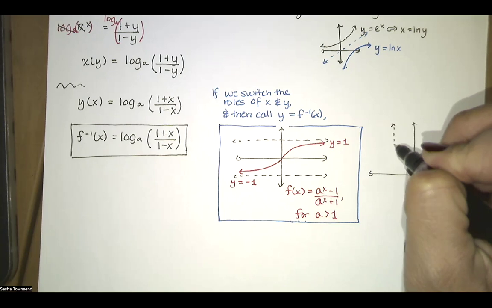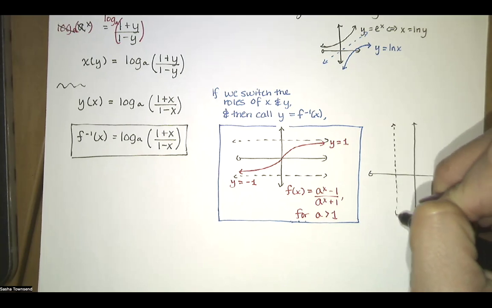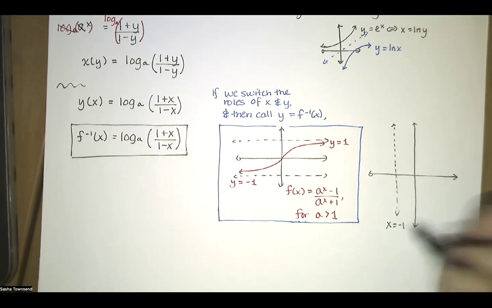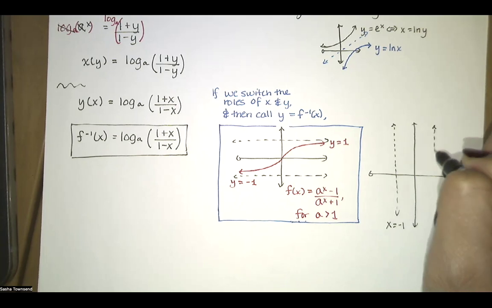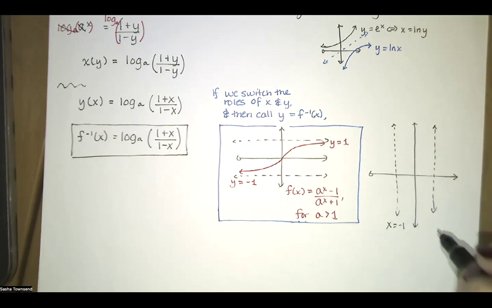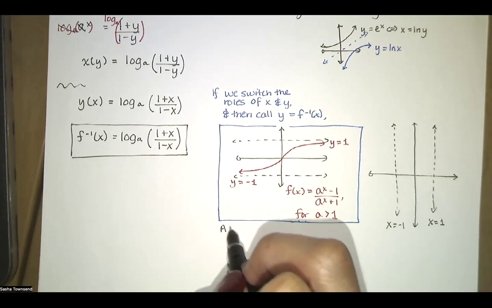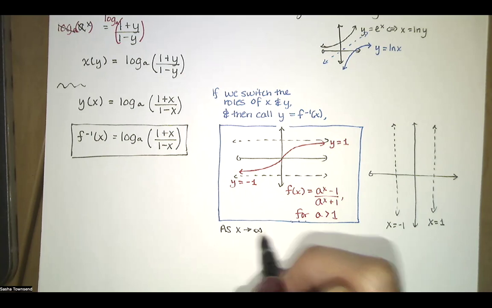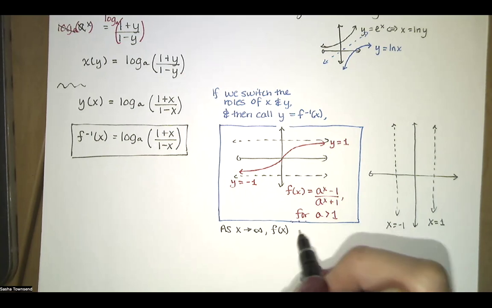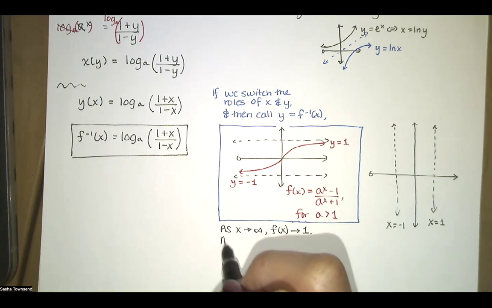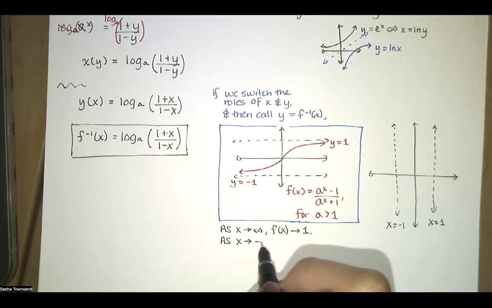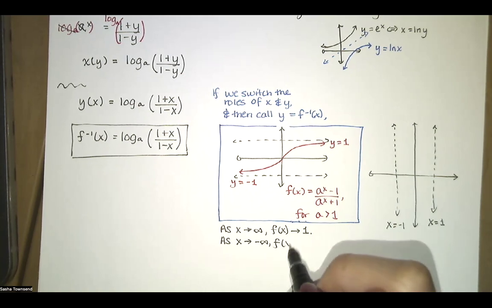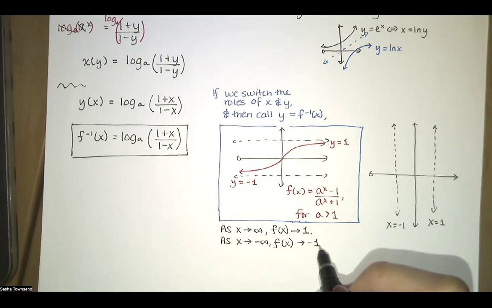The new graph is going to have vertical asymptotes at x equals 1 and x equals -1, because we switched the roles of x and y. Here, as x goes to positive infinity, f of x, which is y, approaches 1. And here, as x goes to negative infinity, f of x, which is y, approaches -1.